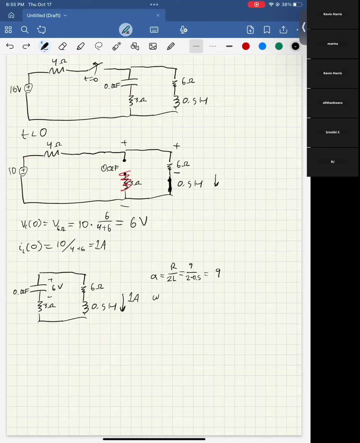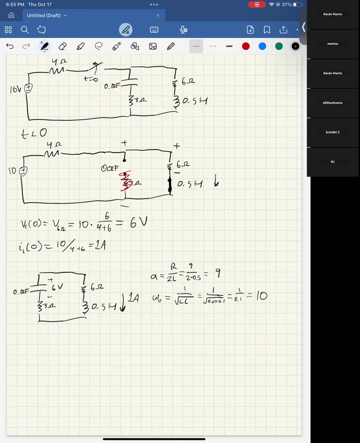And then omega naught is 1 over the square root of LC, which is 1 over the square root of 0.02 times 0.5, which is equal to 1 over the square root of 0.01, which is 1 over the square root of 0.1, which is 10. That also has a unit of per second, but again, you do not need to care about that. They are just numbers for the sake of this course.